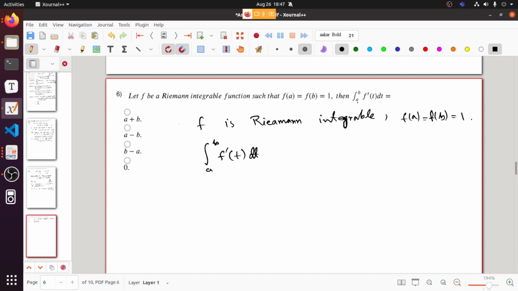Note that here they have written f', which means they have assumed f is differentiable, and they have written the integral from a to b of f'(t) dt, which means they have also assumed that f' is Riemann integrable. But note, in general, f Riemann integrable does not imply f' is Riemann integrable.